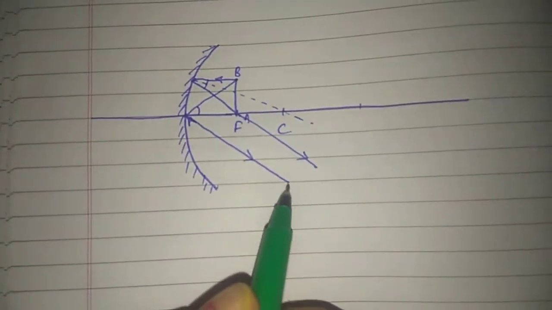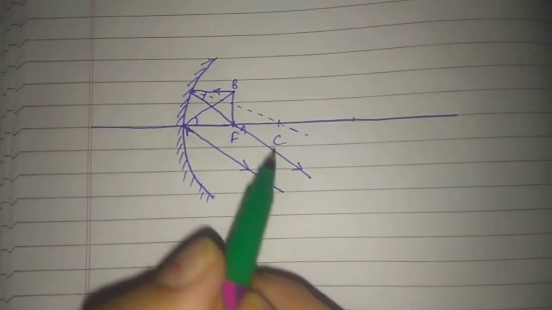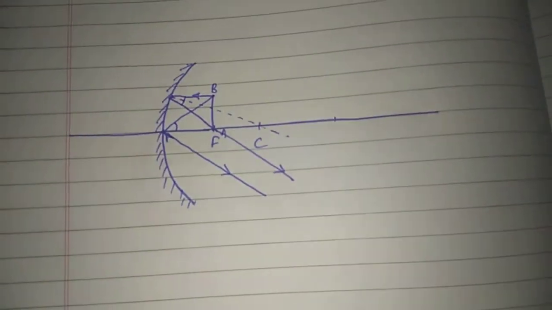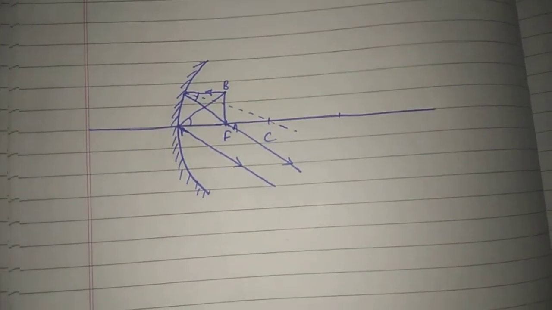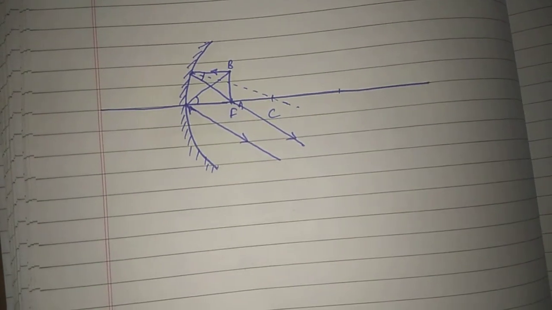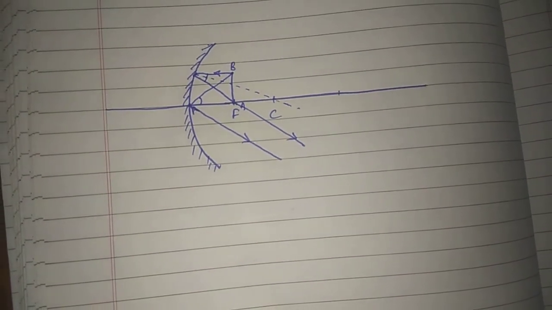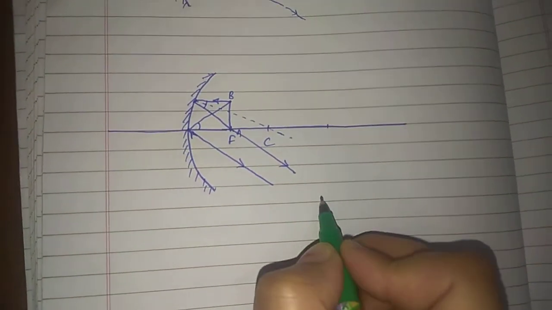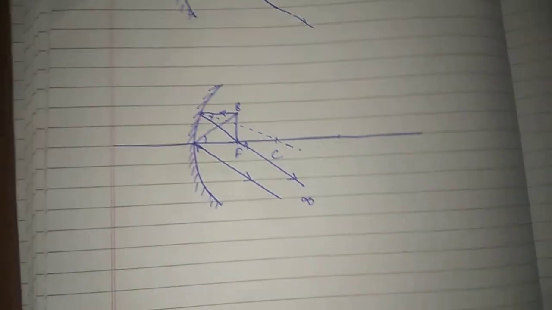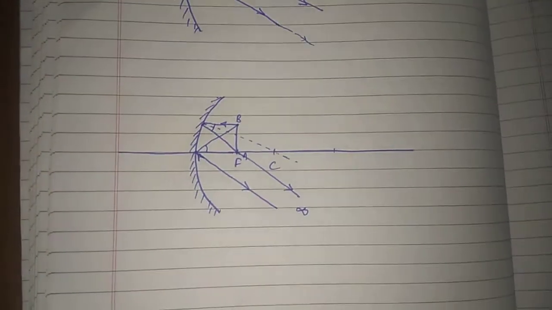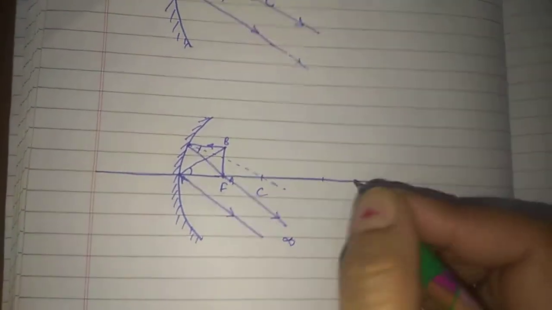If you extend them in the forward direction, they will not meet. If you extend them in the backward direction, they will not meet. So when the rays become parallel, we consider that they will meet at infinity. So here the image is formed at infinity.